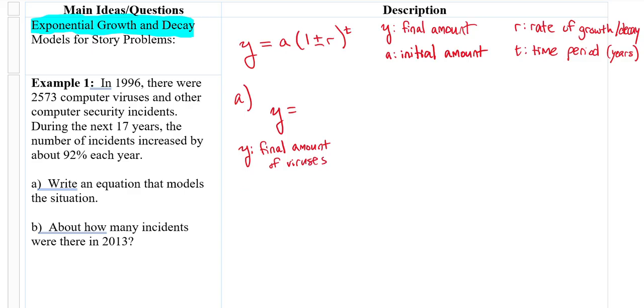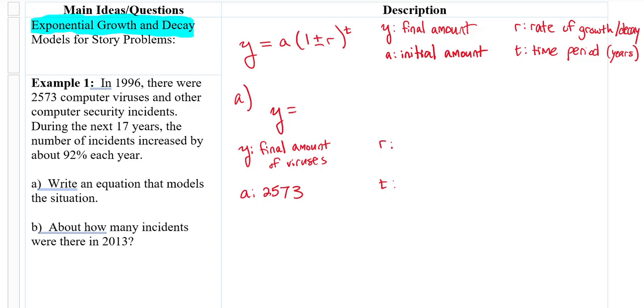We don't know that, so we're just going to write that out in words. But for the rest of these, we're going to plug in numbers for this. So for A, that's our initial amount. We've been told how many initial computer viruses there were. It's 2,573.